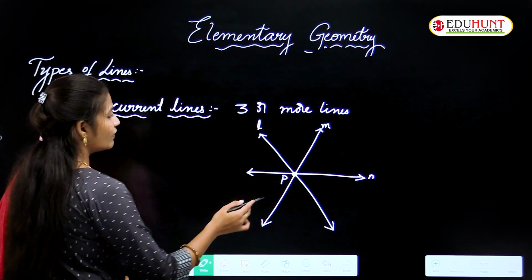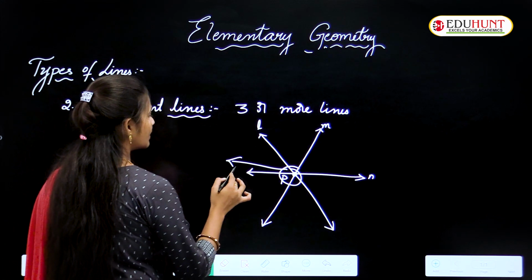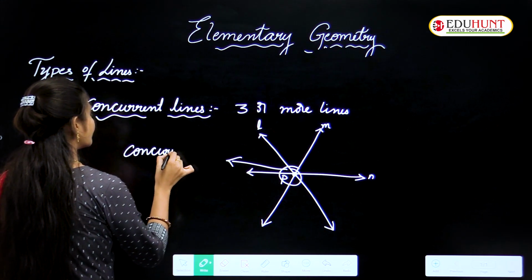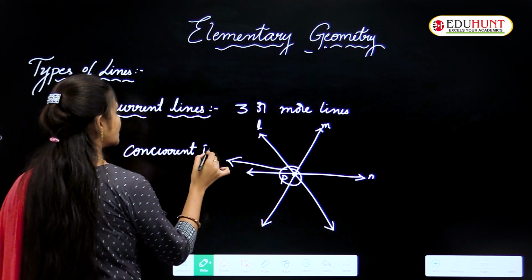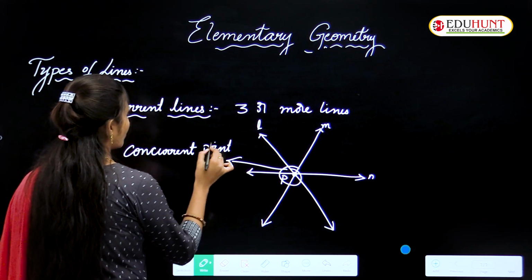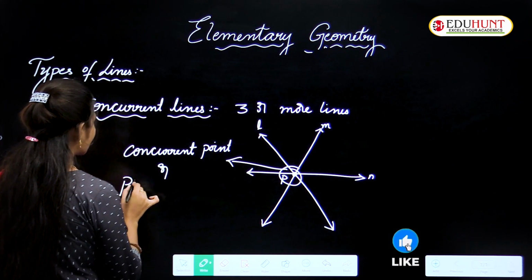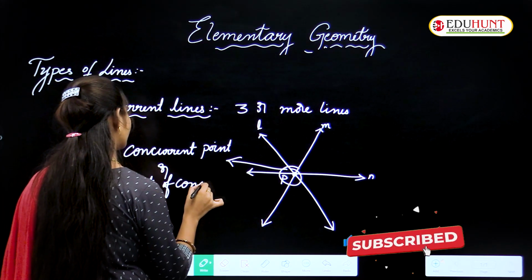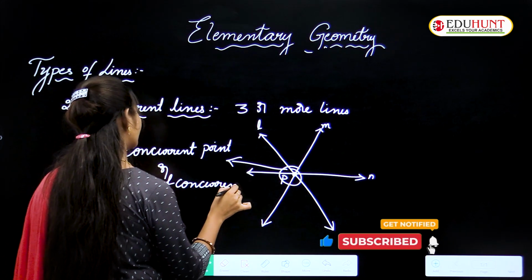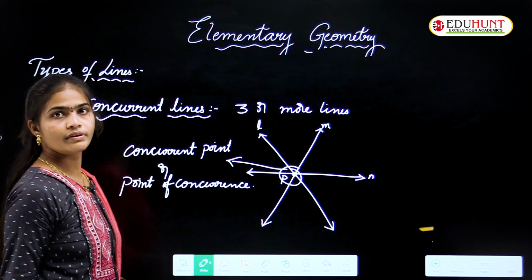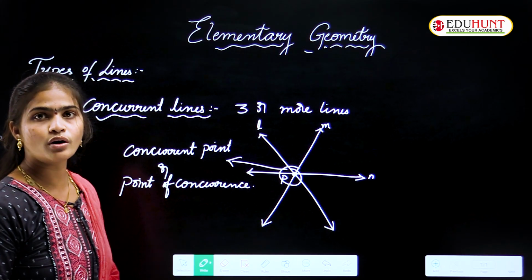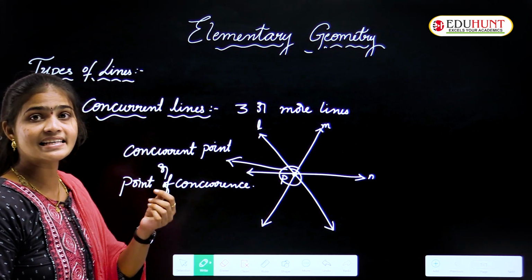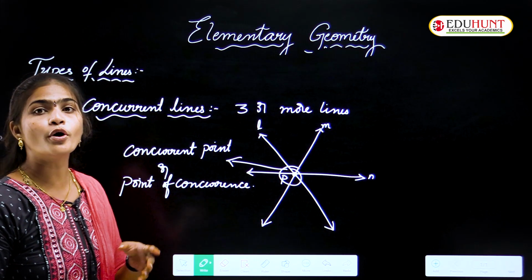Okay, now what do we call this common point? That is the concurrent point or point of concurrence. In the same way, for intersecting lines it is the intersecting point or point of intersection.